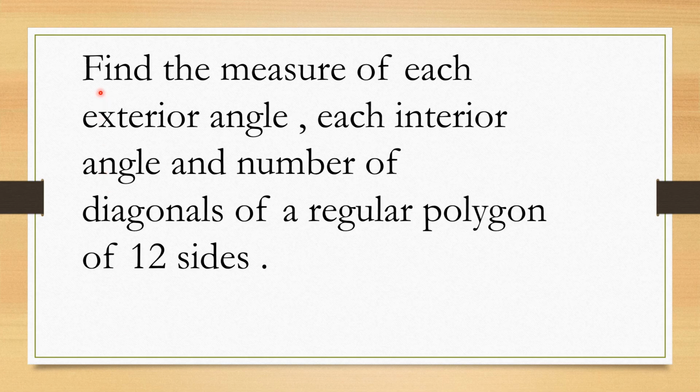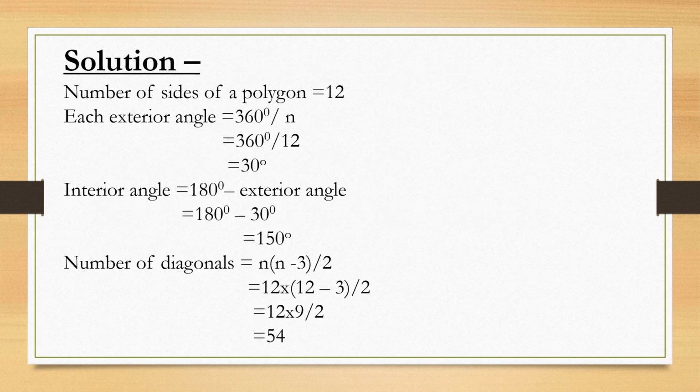Now here I have taken up questions for you. Find the measure of each exterior angle, each interior angle and number of diagonals of a regular polygon of 12 sides. The solution: number of sides of a polygon is equal to 12. So each exterior angle is equal to 360 degree upon n.